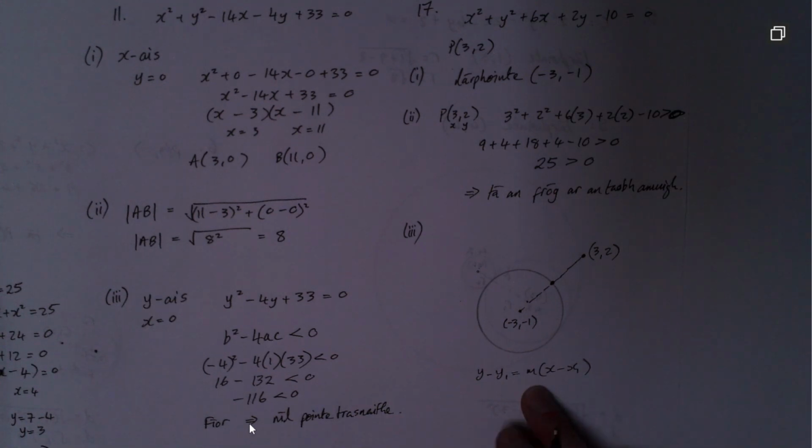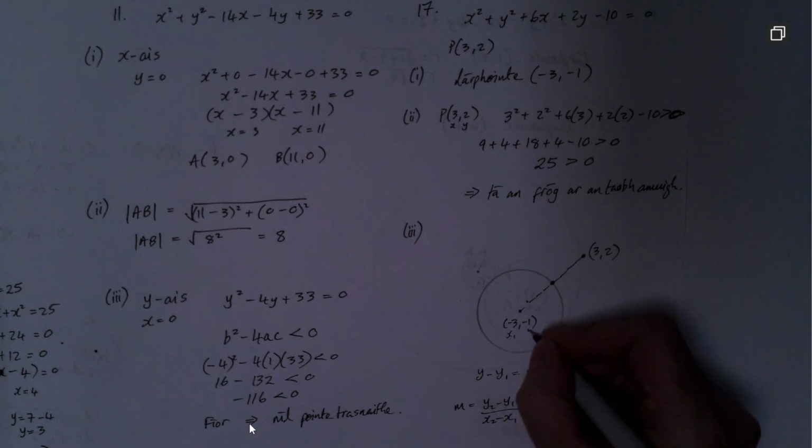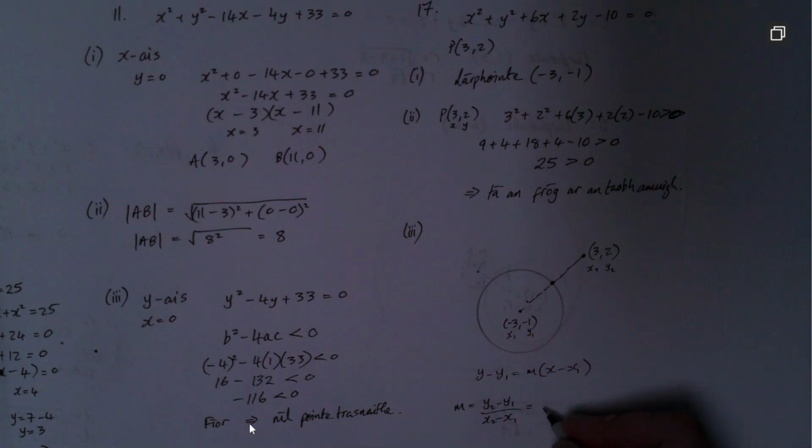The slope m equals y2 minus y1 over x2 minus x1. So we have the two points, x1, y1 and x2, y2. Plugging in, the slope is 2. So the line is y minus y1 equals 2 times x plus 3, which gives y plus 2 equals 2x plus 6, so x minus 2y equals the constant.